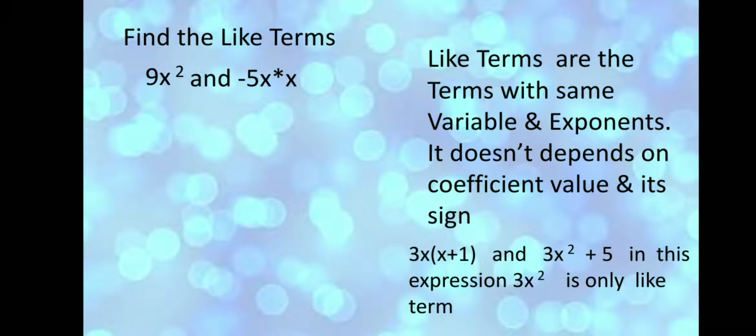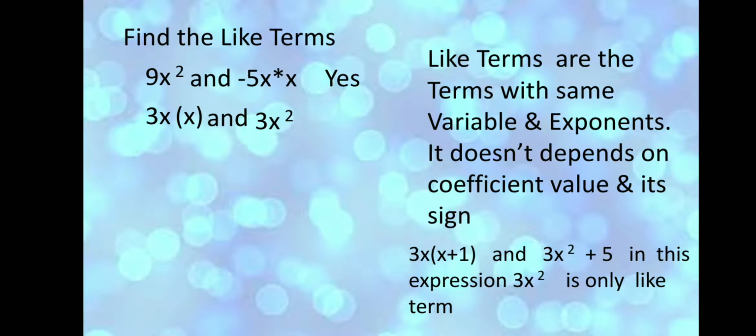For example, if you have 9x square and minus 5x into x, is this a like term? Yes, it is. Why? Because even when you multiply x into x, you'll get x square, and that is what like terms say. They should have the same variables and exponents. The coefficient doesn't matter. So 9 and minus 5 don't matter, but you have x square, right? So this is a like term.